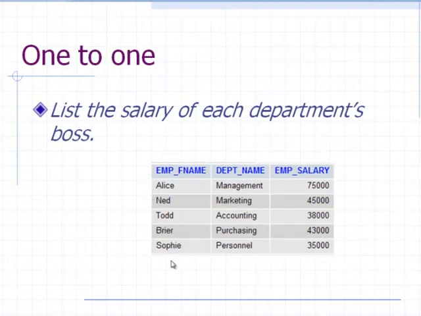So we have 5 names, and each manager manages one department: management, marketing, accounting, purchasing, personnel. And we also want to list the salary for each manager, like this.